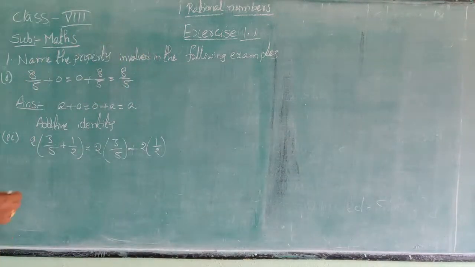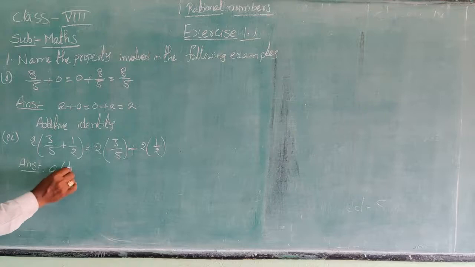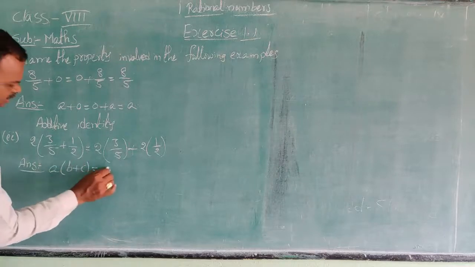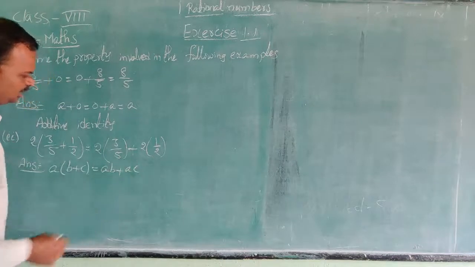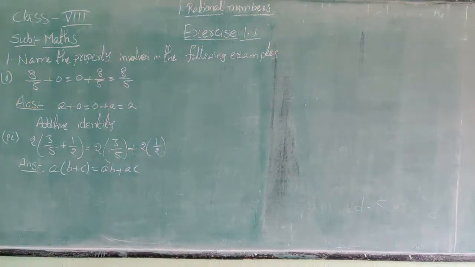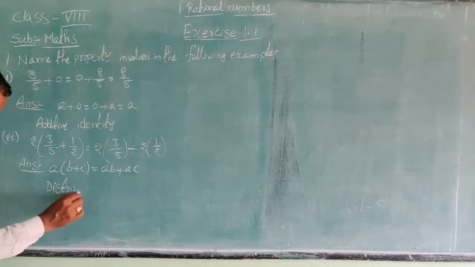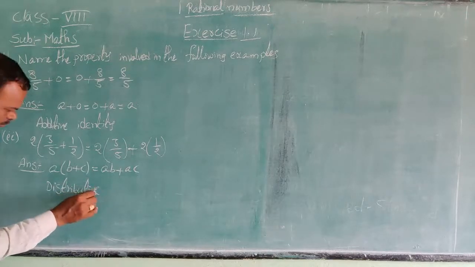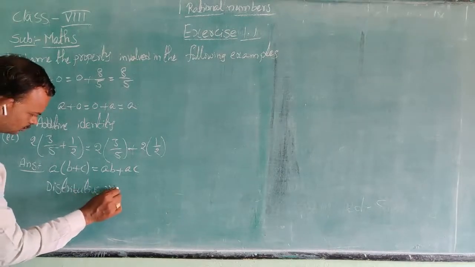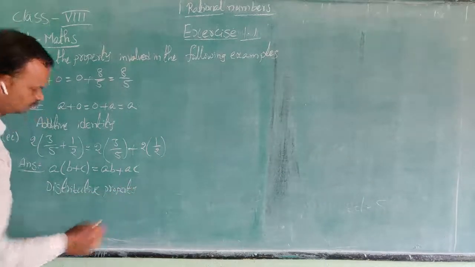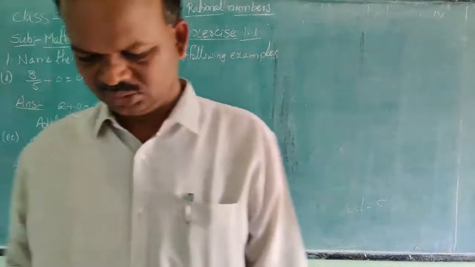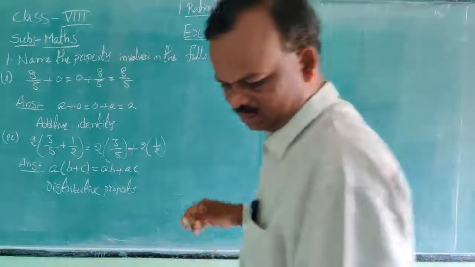So this is in the form of A into B plus C is equal to AB plus AC. This is the distributive property.